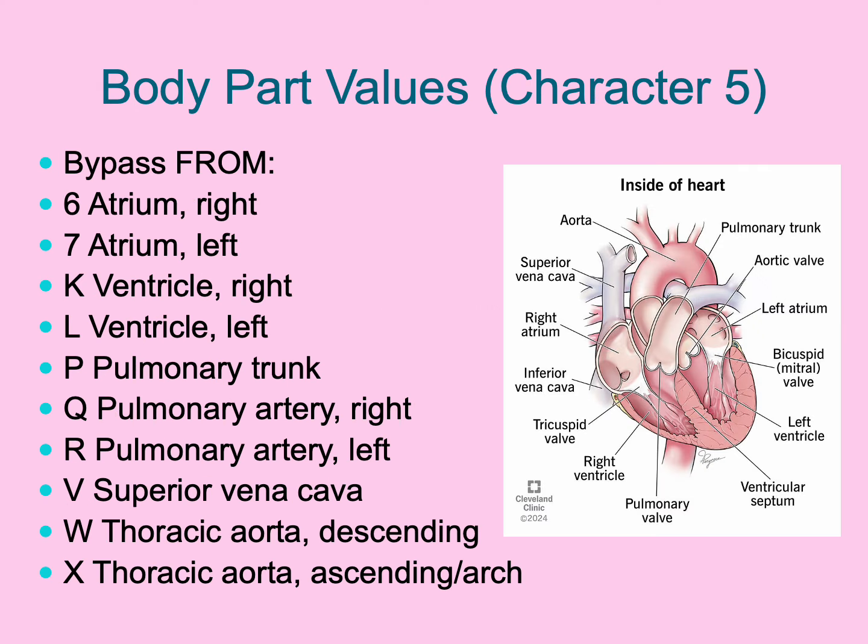So the body part values are character 5, or bypassed from. And you have right atrium, right ventricle, left ventricle, pulmonary trunk, pulmonary artery right, pulmonary artery left, superior vena cava, thoracic artery descending, and thoracic artery ascending arch.